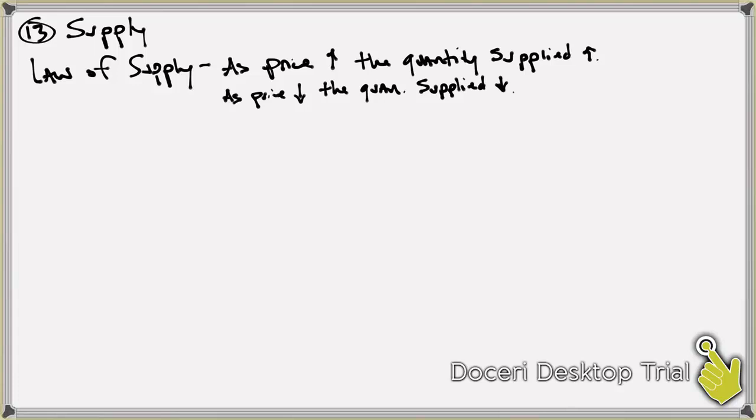So remember, we have law of demand, law of supply. Law of demand is how buyers react to changes in price. Law of supply is all about how suppliers react to a change in price. Tomorrow we'll spend time combining those concepts together and looking at what that looks like. All right, now let's talk about graphing supply.